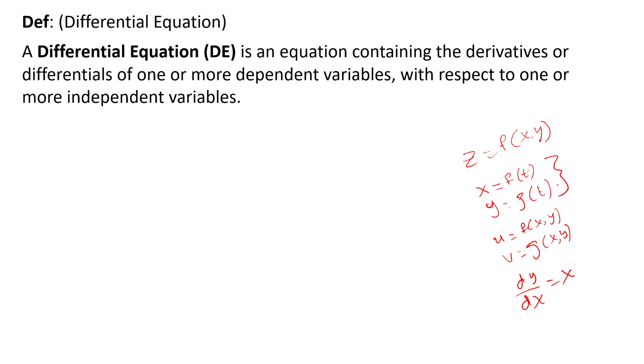Can we come up with a differential equation of that kind? Yes. dx/dt plus dy/dt is equal to sine t. That's a differential equation with one independent variable and two dependent variables. Cool?